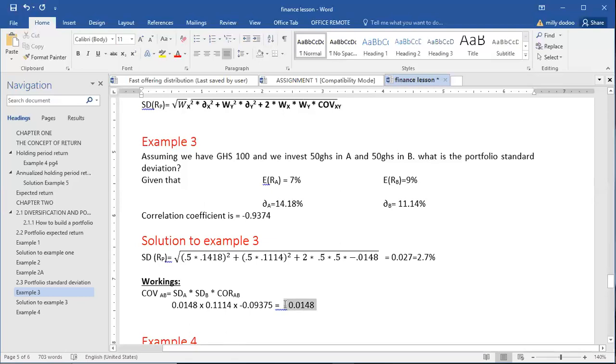It is this answer that we have replicated over here. This answer is what we have placed in the formula over here. So when you do everything, at the end of the day, you should be getting your standard deviation to be 0.027 or 2.7%.